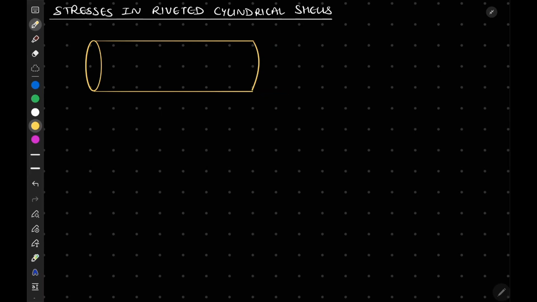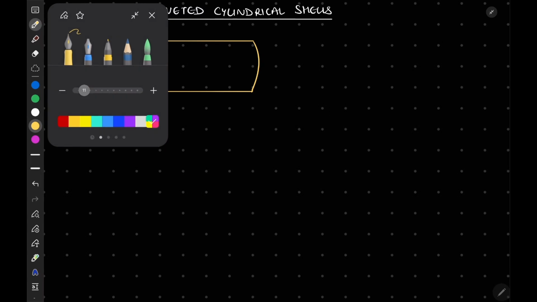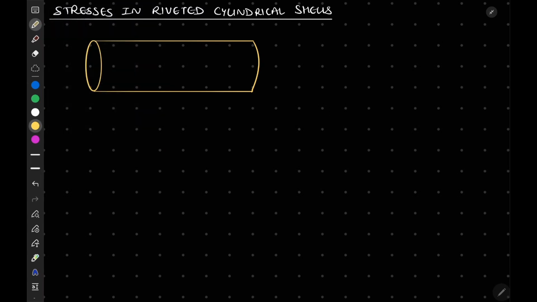Now let's say that this is made of separate materials, like separate strips. So let's divide it in the form of strips.